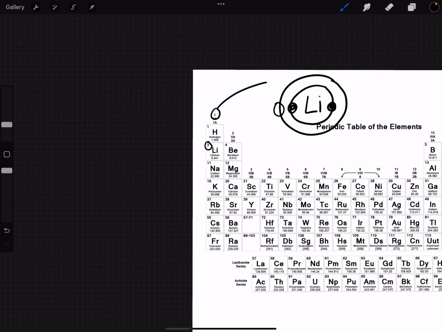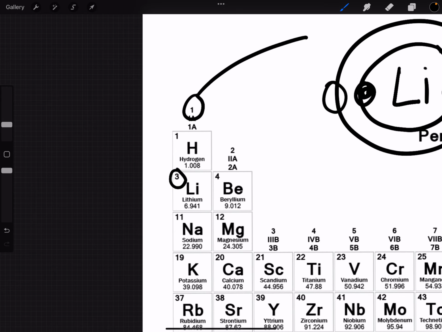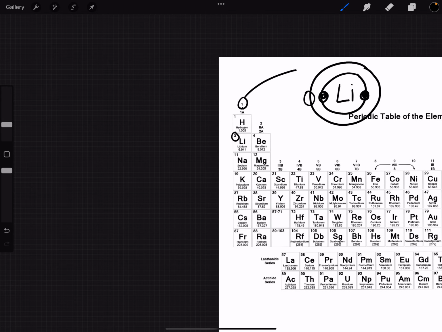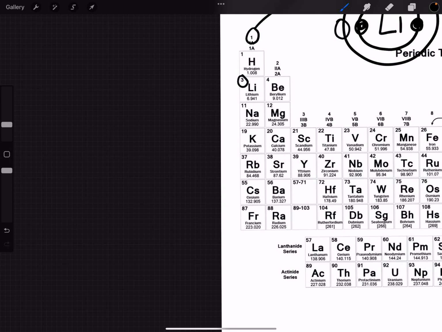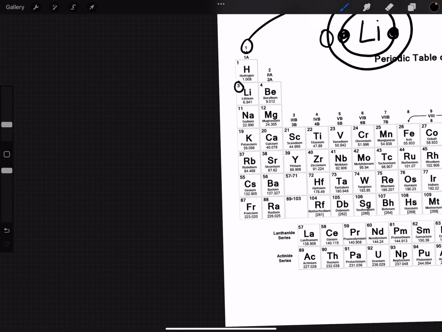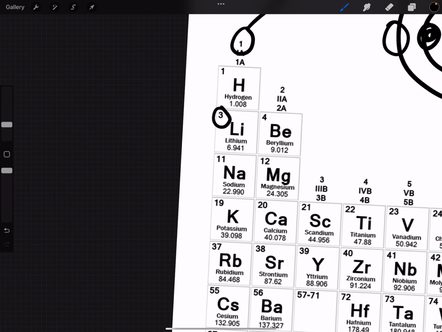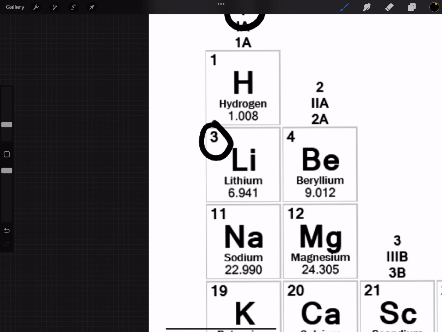Now that we know what valence electrons are, the ones that are on the outside, we can learn about this column. So there's these things called rings, like hydrogen would have 1 ring around it and 1 dot because it has 1 electron.